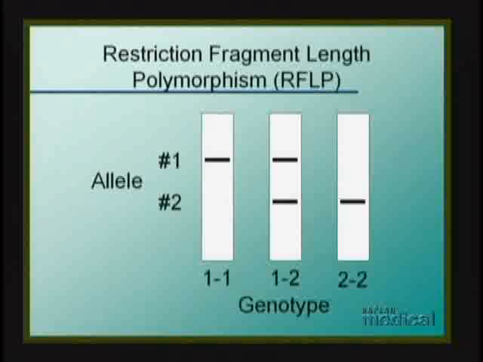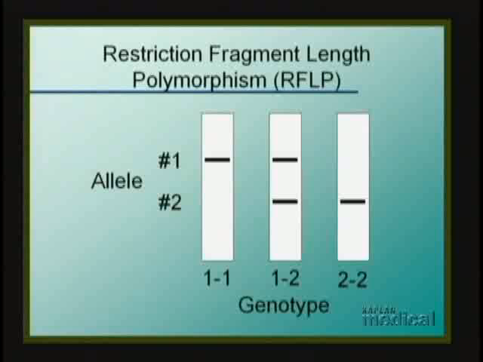We will call that allele number 1. And the other variation of that DNA sequence for that marker will give us a lower or smaller molecular weight DNA band on a Southern blot, identified as allele number 2 in this slide. Now, since normal individuals have pairs of chromosomes, we each have 2 copies of most of our genes, including 2 copies of this particular RFLP marker.